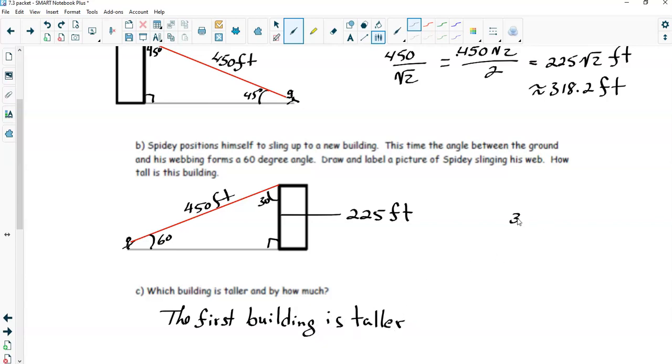So 318.2 minus 225 feet, right? So 11 minus 2, that's 9. So by 93.2 feet. So the first building is taller by 93.2 feet. Already?